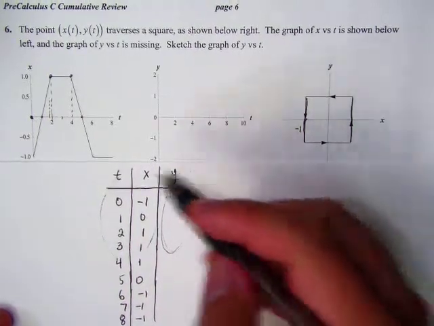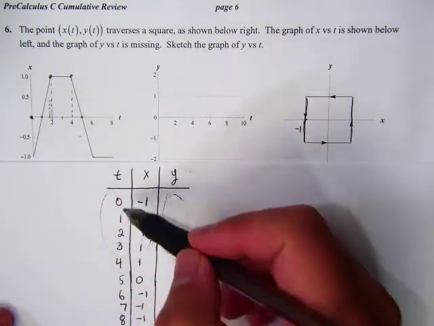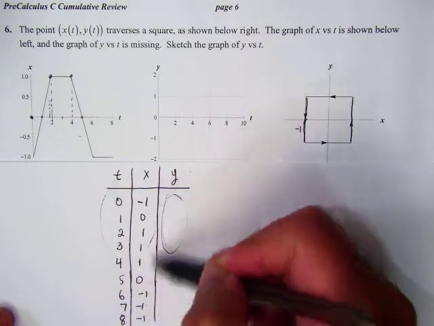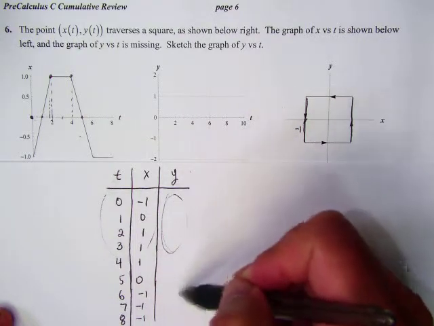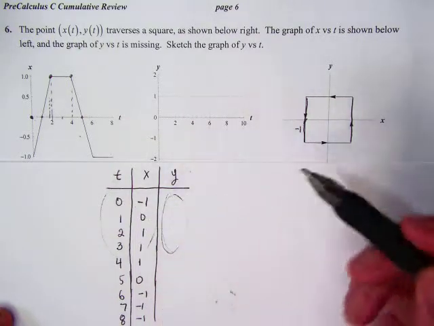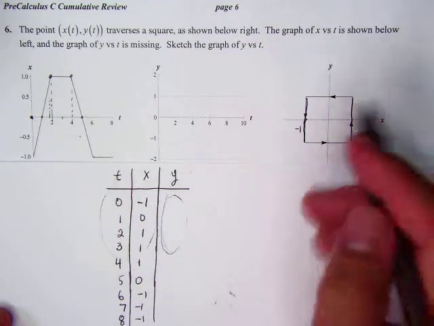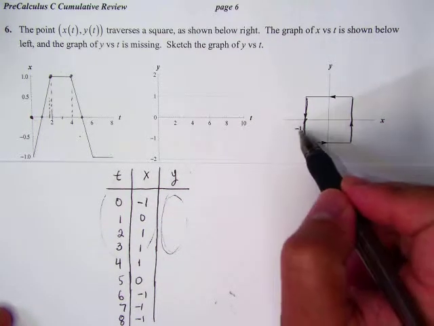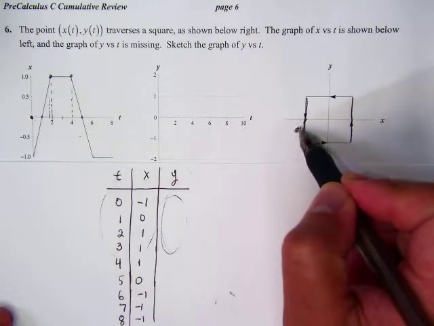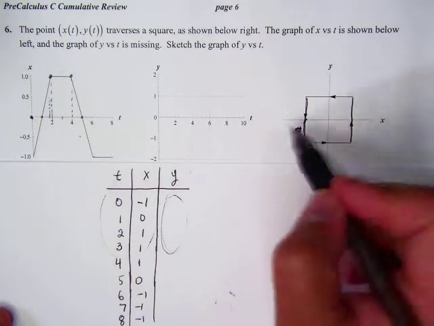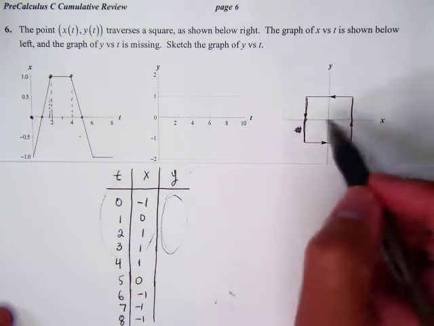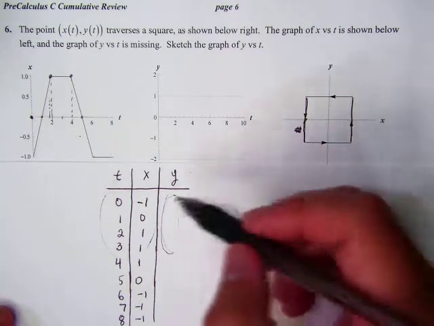Now let's see if we can jump to this graph, find these values of x, and then extract the values of y that match the values of t. This graph doesn't actually tell us the values of x, so we're going to have to guess.